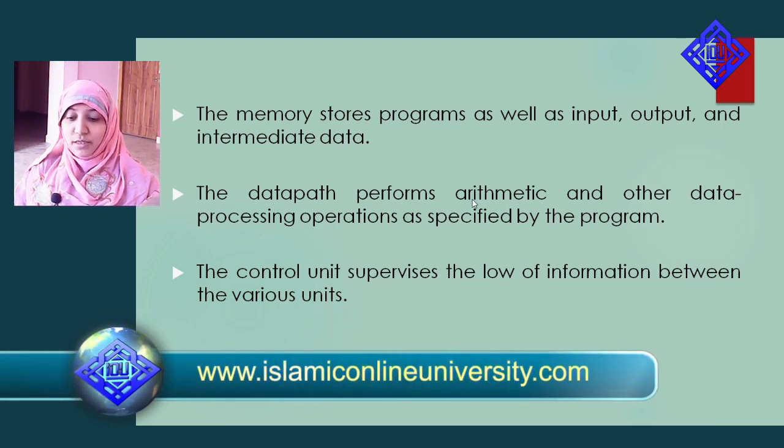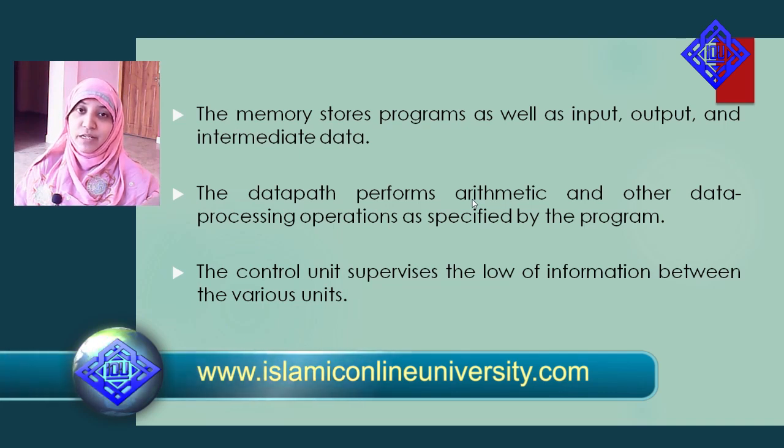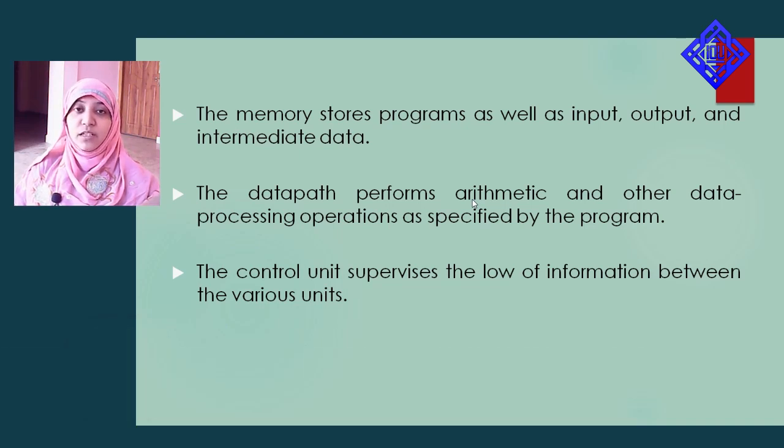The control unit supervises the flow of information between the various units. So it sees that whatever the flow of information that is happening, first the input will be sent, from the input the data will be sent to the memory, from memory it has to be fetched and given to the data path, the data path performs some operations, it gives back some result to the memory, and the memory gives the result back to the output devices.